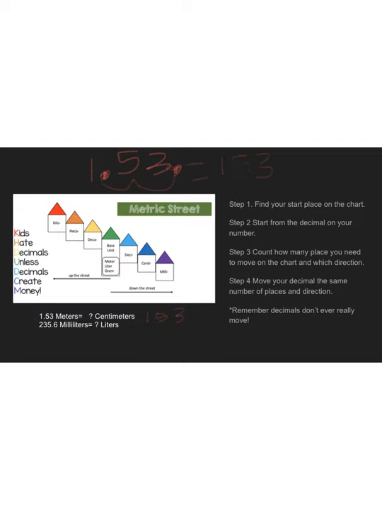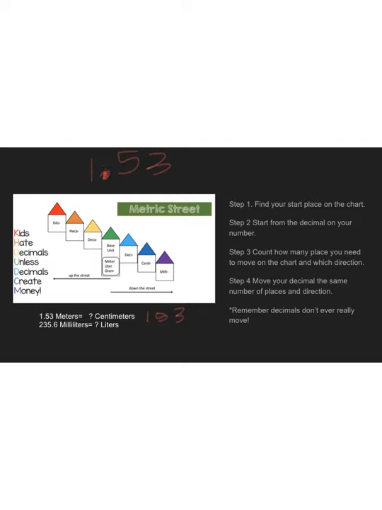Now, let me just throw in a quick example because I don't think I added this with the next example. But what if instead of moving to centimeters, I had moved to millimeters? Well, I would have done the same thing. I would have started at meters and I would have counted 1, 2, 3 to the right. And here I'd be at my decimal and I'd want to move 3 to the right.